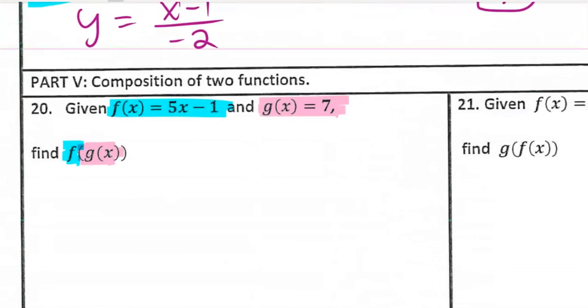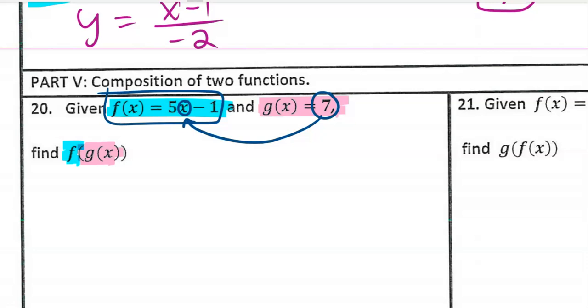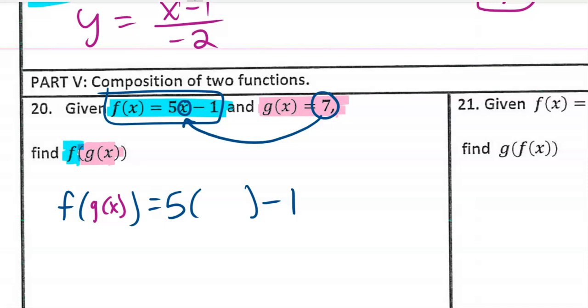So I want you to see what I'm going to do here. G of x is 7. So we are going to take 7, and it is going to go in place of x. So how can I write this f of x with 7 where x is? We're going to say f of g of x equals 5 times 7 minus 1.